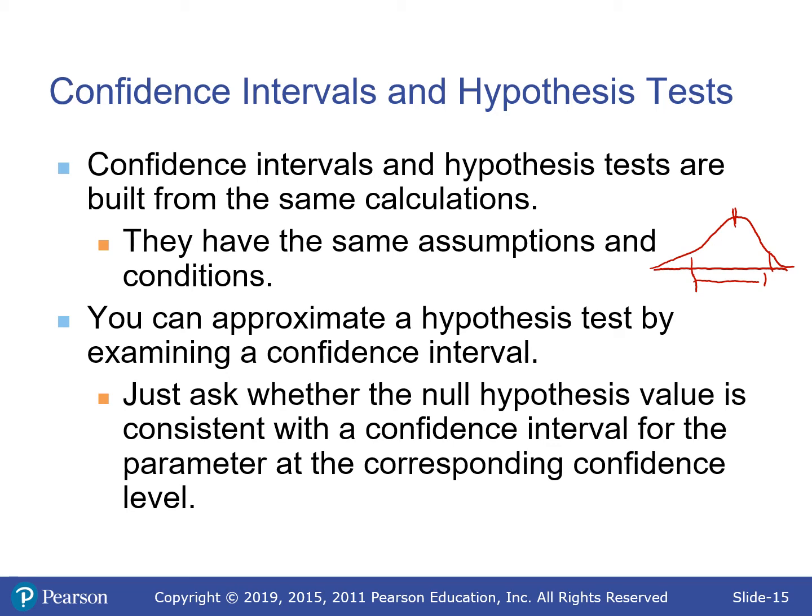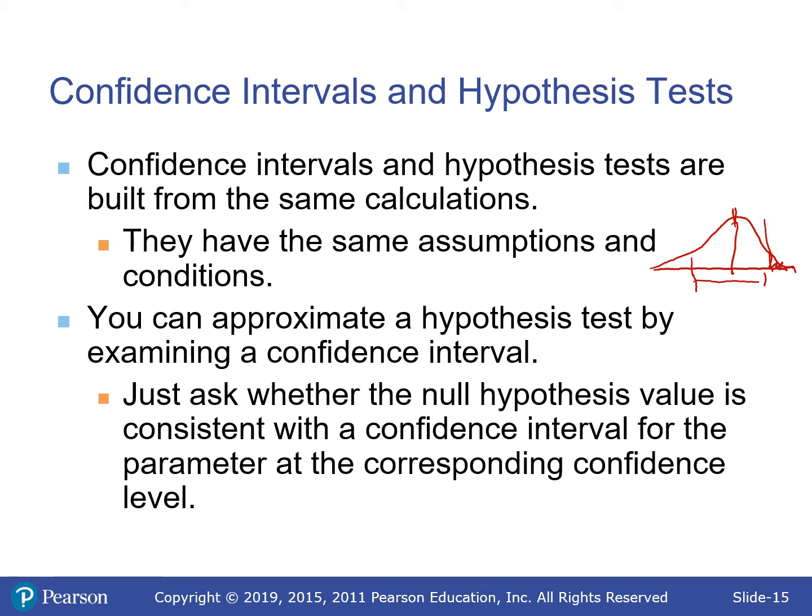But you can approximate a test by using a confidence interval, because if we have, say, a 95% confidence interval, 95% of the samples we take are going to include the mean, which means they would be in this area where we would reject out here.